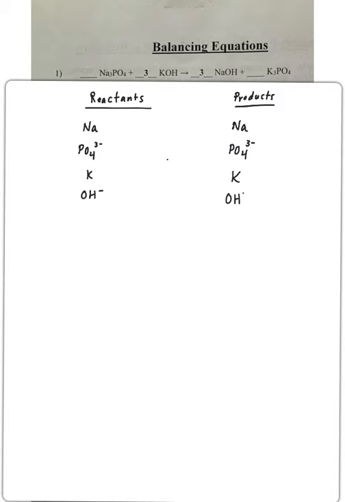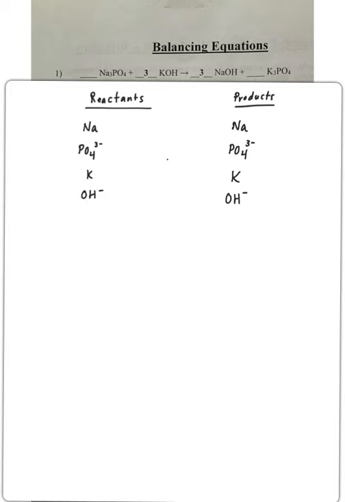For example, on the reactant side of this reaction, we've got sodiums, we've got phosphate ions, we've got potassium, and we've got hydroxide ions. And we have the same types of ions on our product side: sodiums, hydroxides, potassiums, and phosphates. I'll write them in the same order as I wrote them on the reactant side.